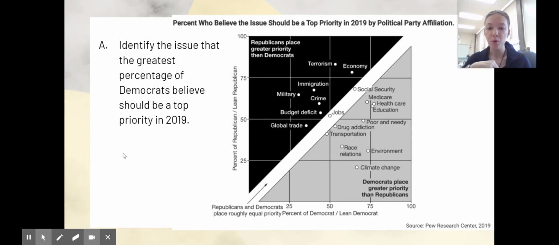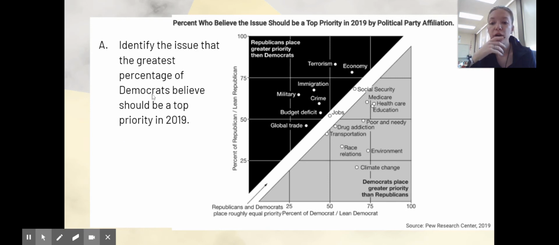Okay, so at this point, you should have written your answer for part A. Identify the issue that the greatest percentage of Democrats believe should be a top priority in 2019. Now, this is an identify, so this should be a very straightforward answer. It should be one sentence. Now, I wanted to break down the graph for you so we can talk about it later.